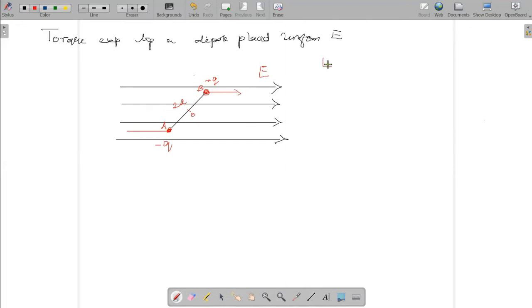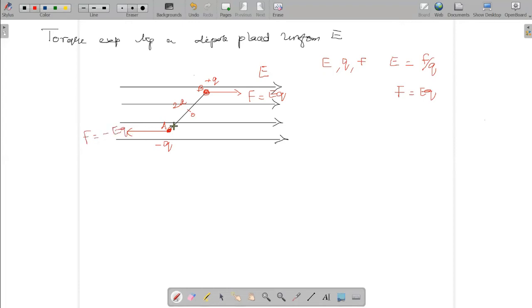E is the electric field, Q is the charge, F is the force. உனக்கு definition தெரியும். The electric field is nothing but force experienced by charge. The force will be equal to EQ. So this is the force, EQ, acting in one direction. This is negative charge. The force is minus EQ.